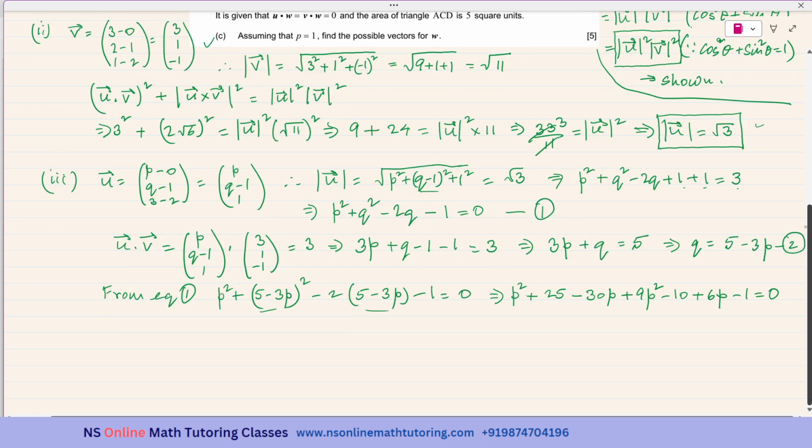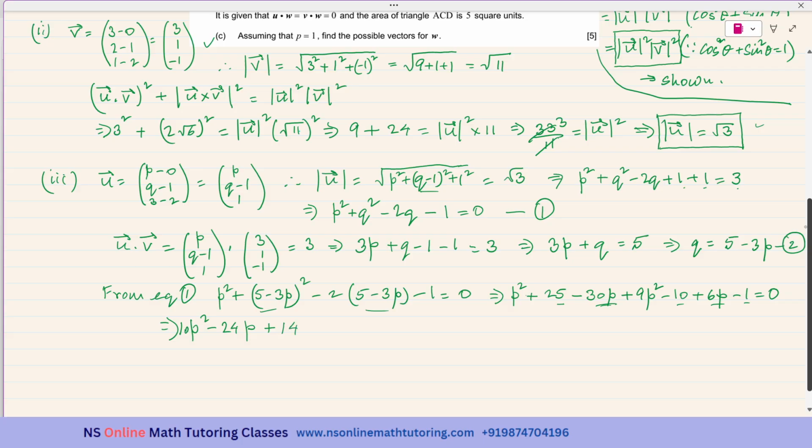So p square plus 9p square is 10p square, minus 30p plus 6p is minus 24p, 25 minus 10 is plus 15, and minus 1 gives plus 14.